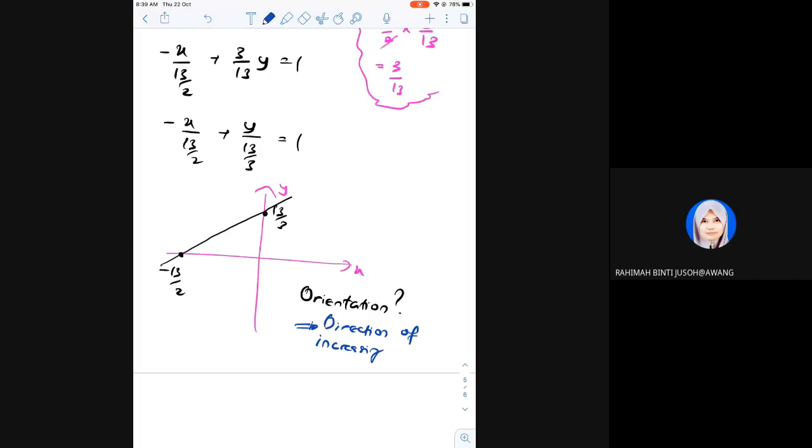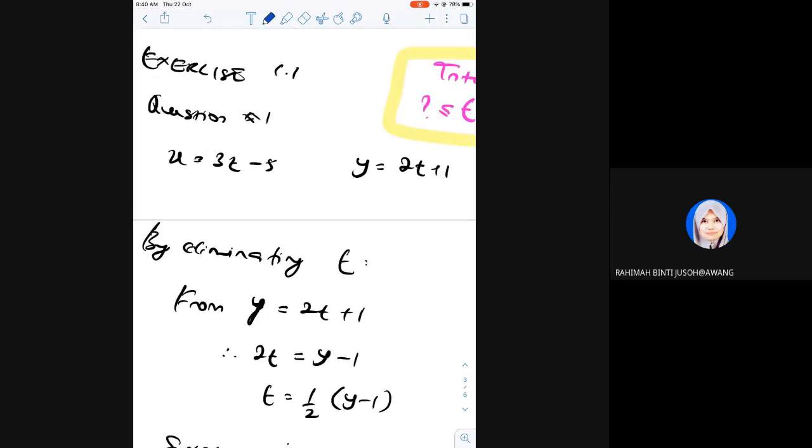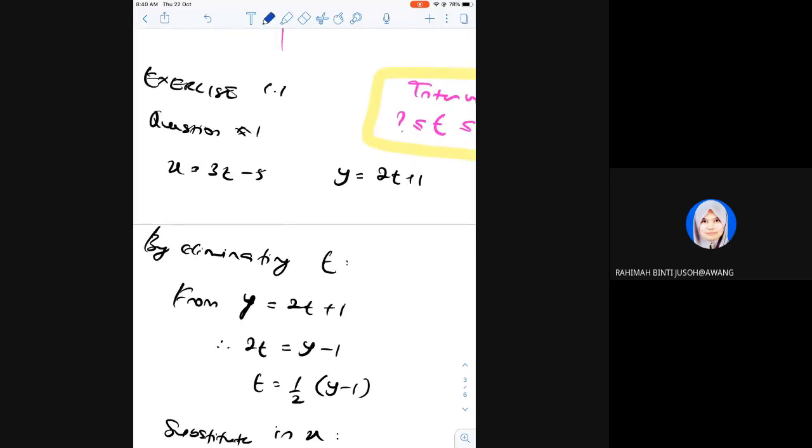Okay, so kalau you use by plotting, you can straight away look from the elements in the table. You boleh nampak pattern tu daripada table. However, if you are using the eliminating t, what you should do is, okay, look at the original question. We have x equals to 3t minus 5 and y equals to 2t plus 1.